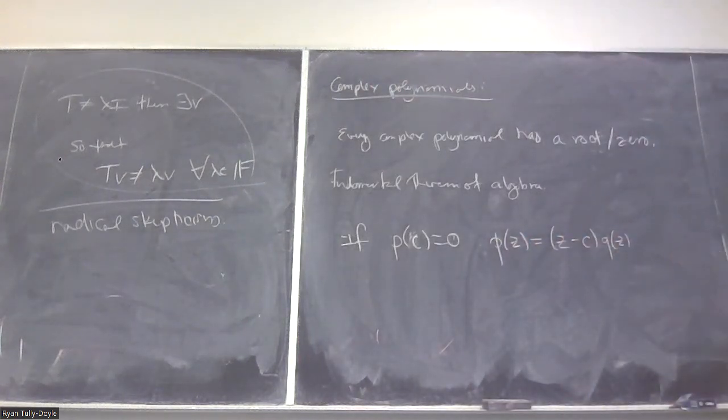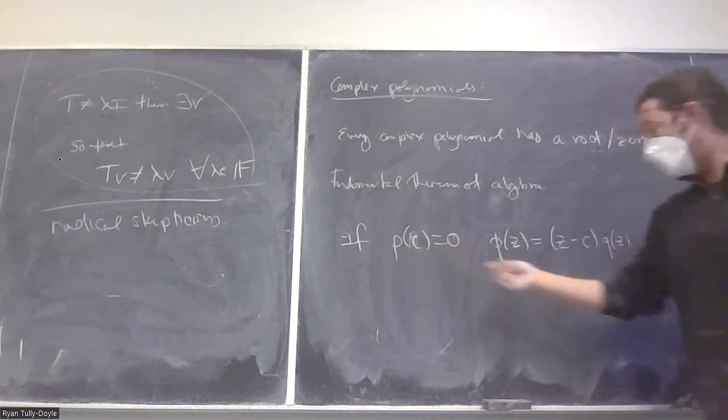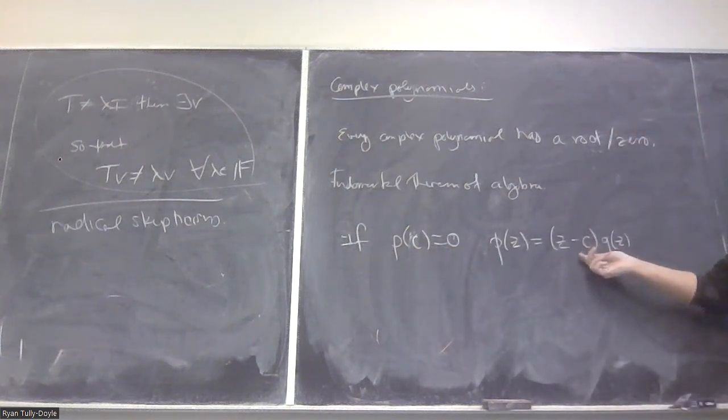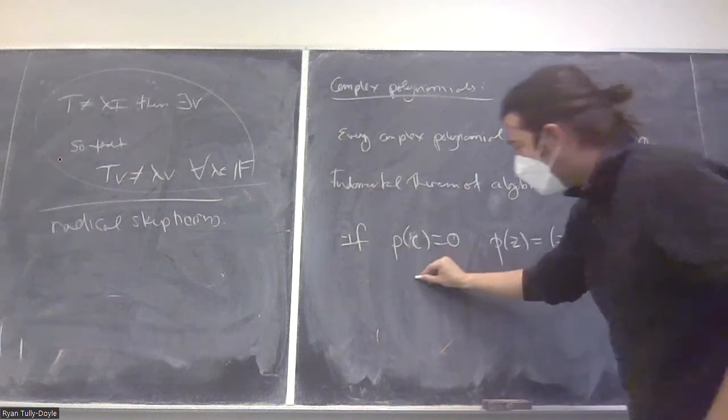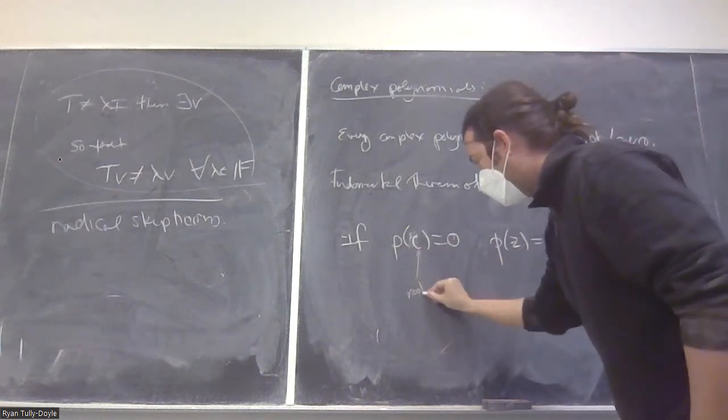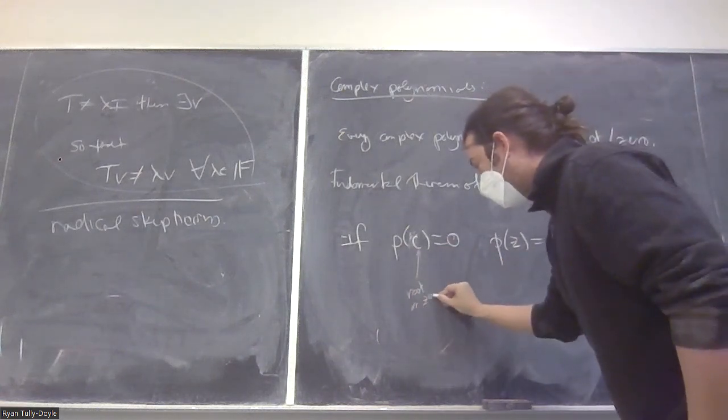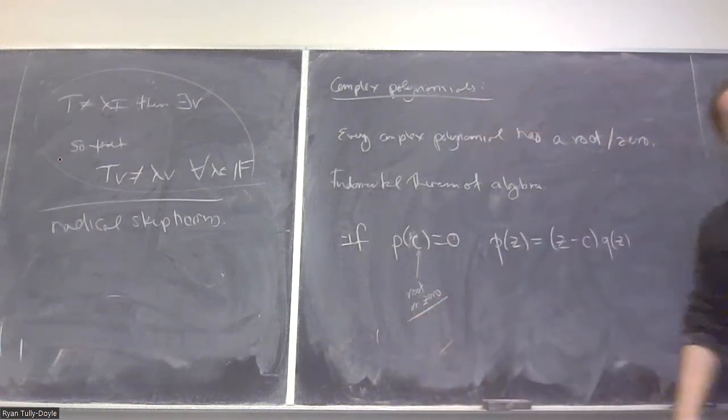If a polynomial has a 0, then you can factor out this linear term. This number right here is called either a root or a 0, depending on what your background is, which class you have to be in.